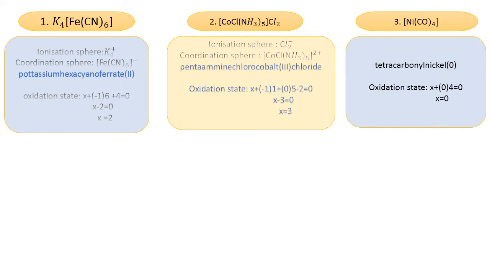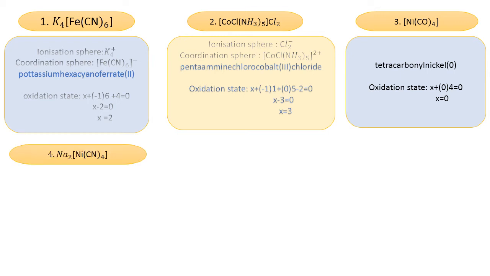Because the oxidation state of nickel is unknown, so it is taken as X, plus the charge of carbonyl, which is 0. So 0 into 4, because there are 4 ligands, that is tetra, is equal to 0. Hence X is equal to 0. So it is tetracarbonyl nickel 0.